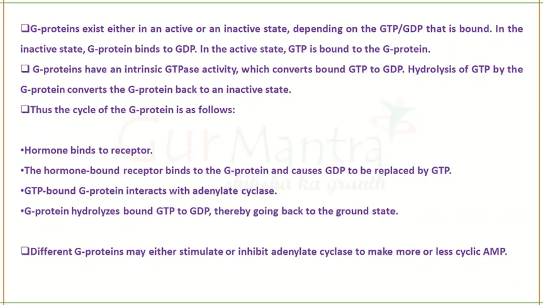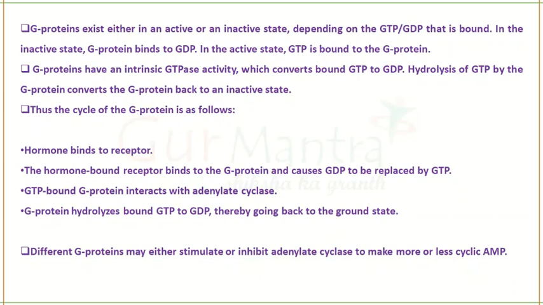In the previous lecture, we saw that the G protein will be activated by the factor called guanine nucleotide exchange factor, GEF. GEF is useful for activation of the G protein because it will replace the GDP with GTP.